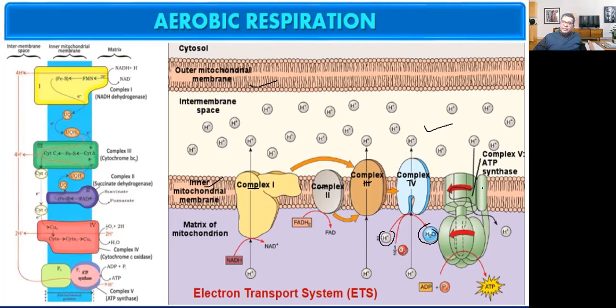Because of that, this ATP synthase enzyme becomes active, and protons start passing from the intermembrane space to the inside. So ultimately ATP will be produced. For production of 1 ATP molecule, 2 protons need to pass from the intermembrane space towards the matrix.